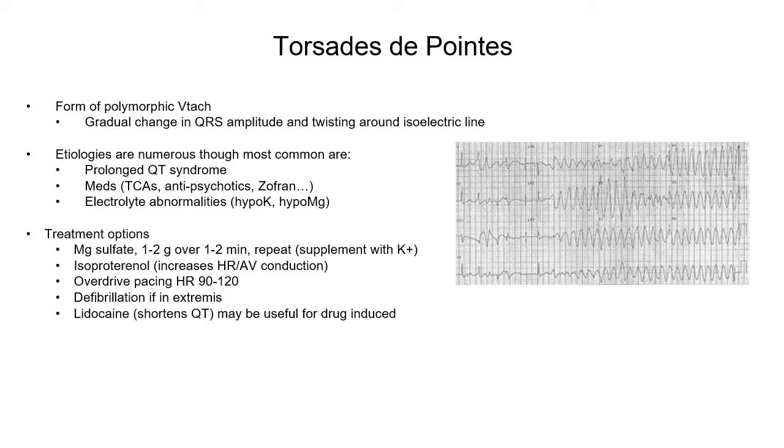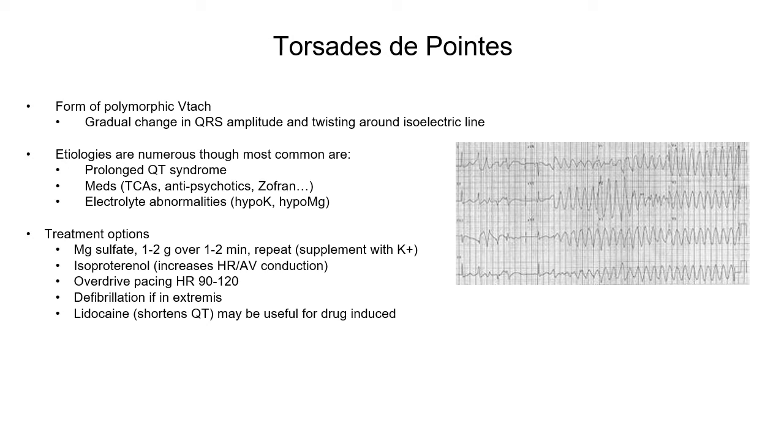There's this idea of overdrive pacing to a heart rate of 90 to 120. If you have a patient who is in torsades and you can't get them out despite magnesium, maybe throw pacing pads on them and try to pace them at that rate, and it sometimes can get them out of it. You can try defibrillation if they are in extremis, meaning pulseless and unresponsive.